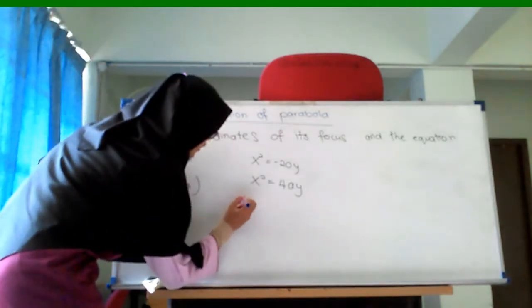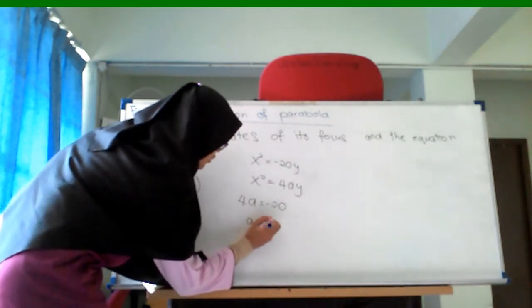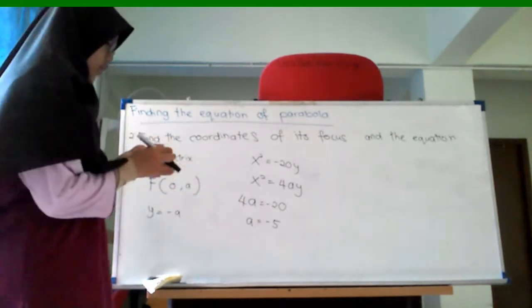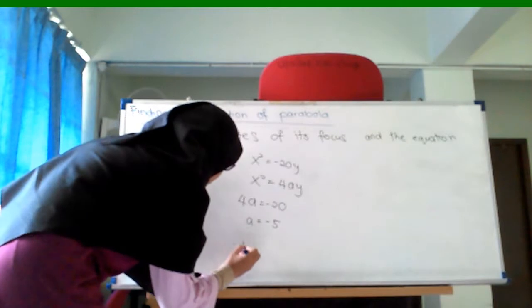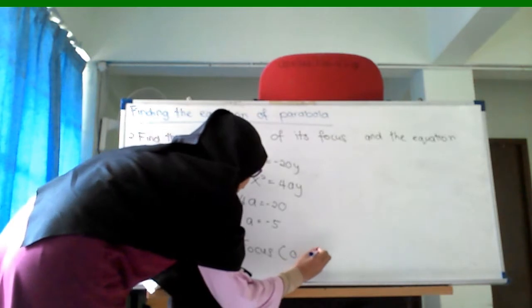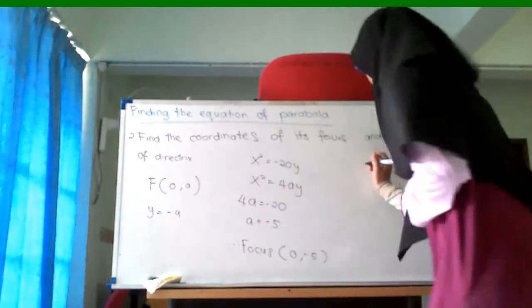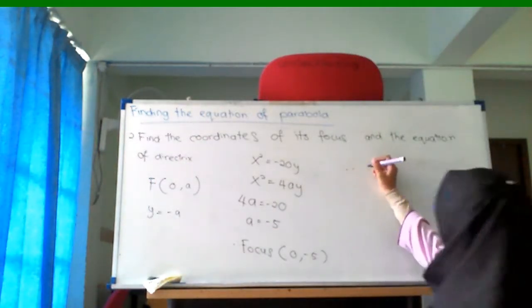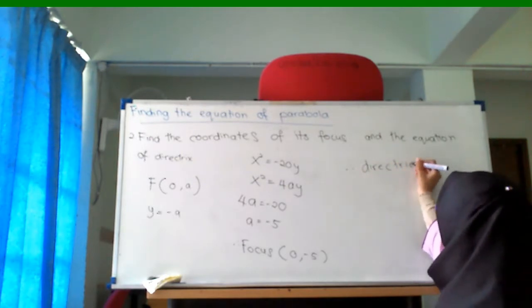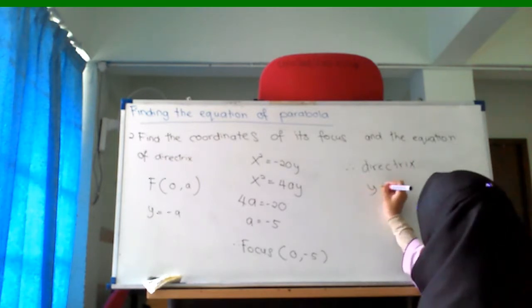Okay, since we got a equal to negative 5, then the focus is (0, -5), and the directrix is y equal to negative a, so y is equal to 5.